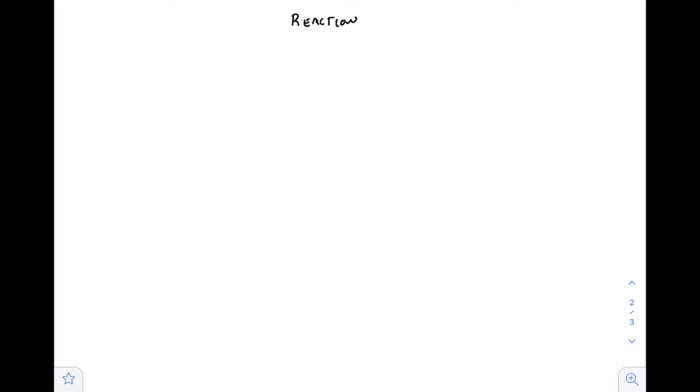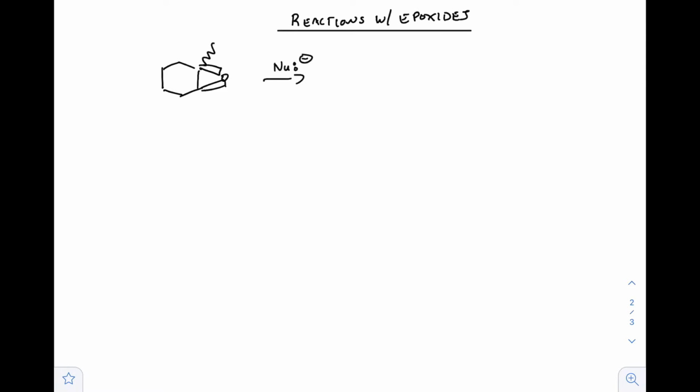That is the question. So let's take a look at reactions with epoxides. We already did this, right? So what am I getting at? Well, we're going after a specific reaction. We have this epoxide with the methyl there, and then we throw in a nucleophile.